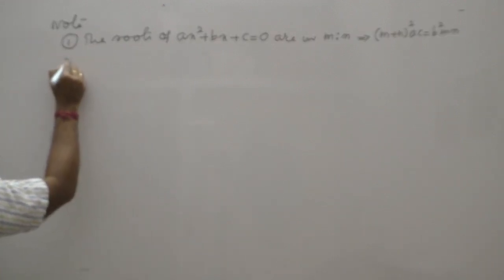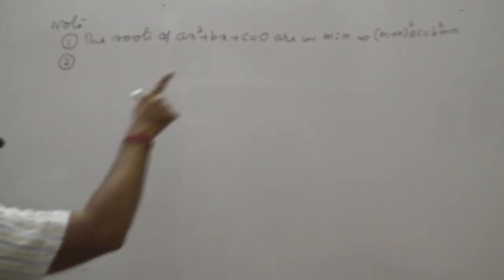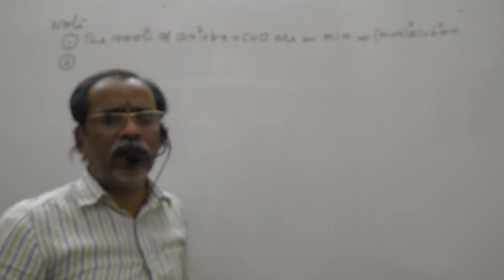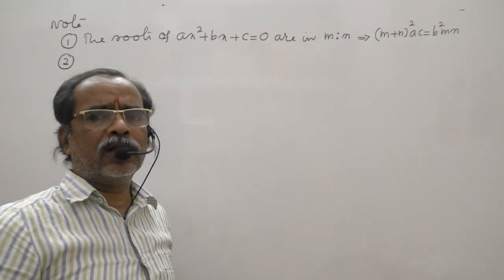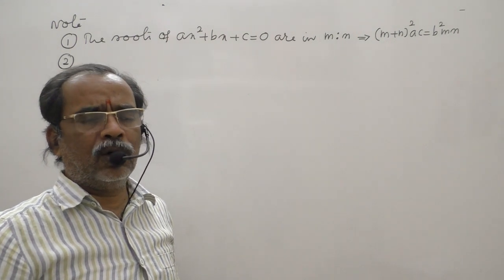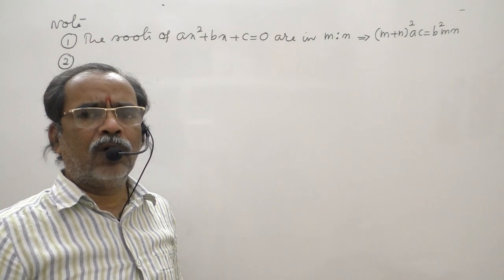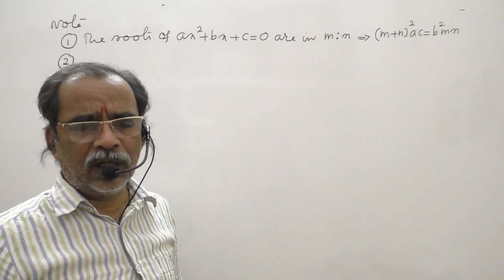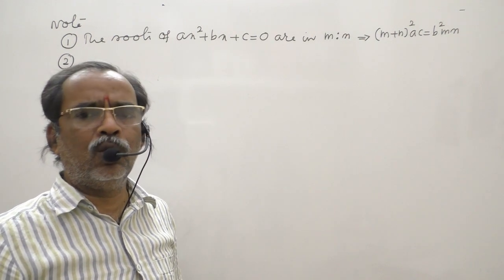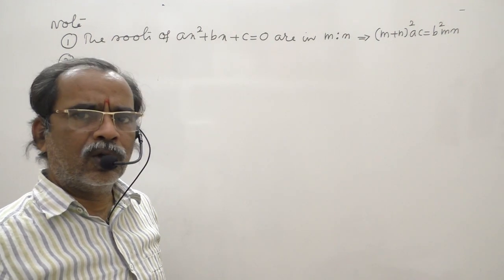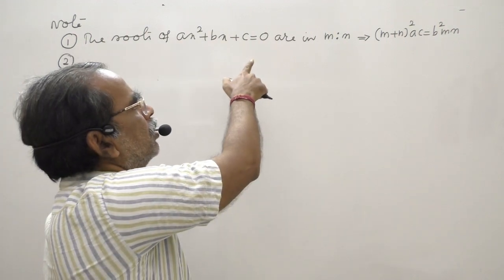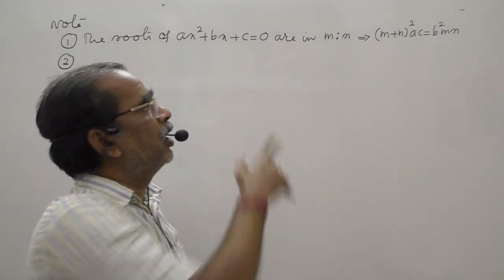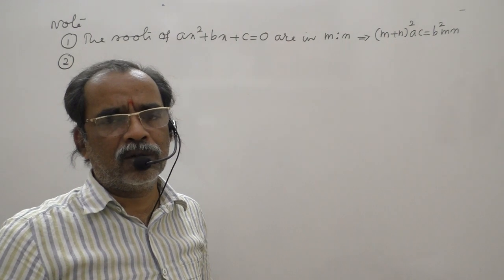Next we will see another condition. Here roots are in the ratio m is to n. For example, one root may be square of the other. One root may be cube of the other. You can prove those with a similar procedure. Here roots are in the ratio m is to n.